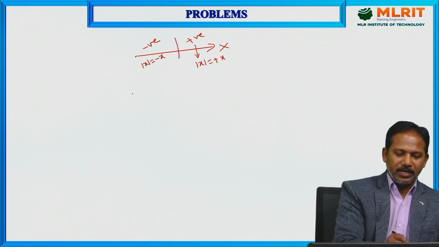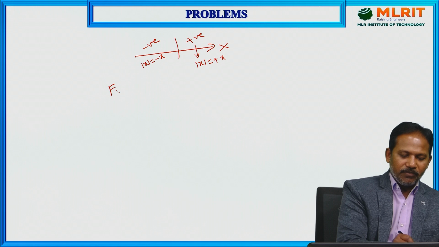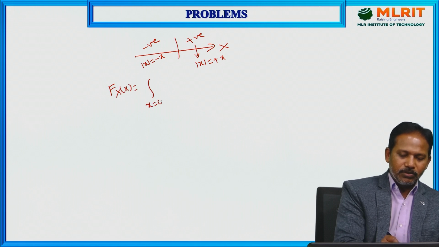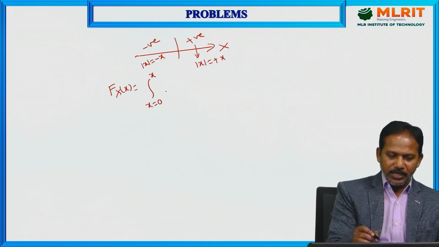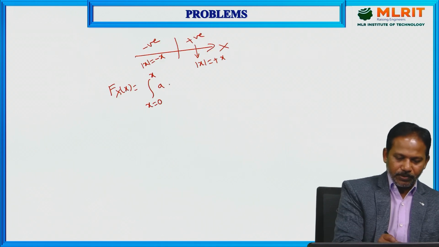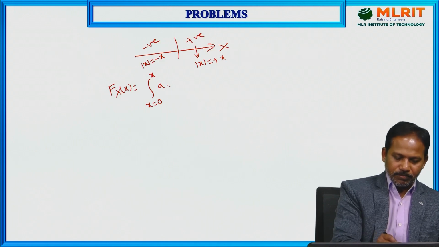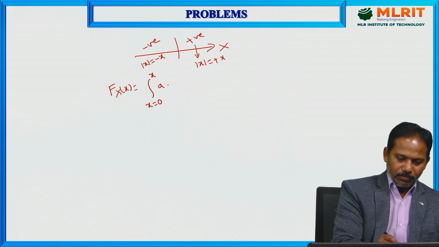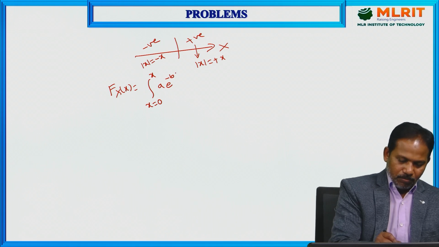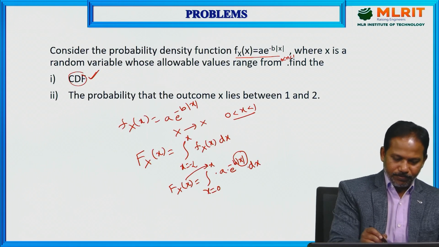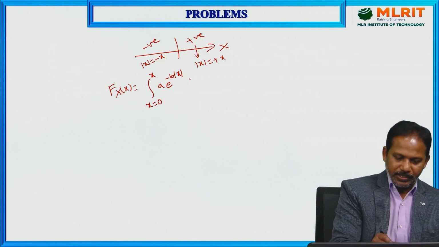So now I can write capital Fx of x is equal to integral of x equal to 0 to x, that is a into e power minus b into mod x into dx.